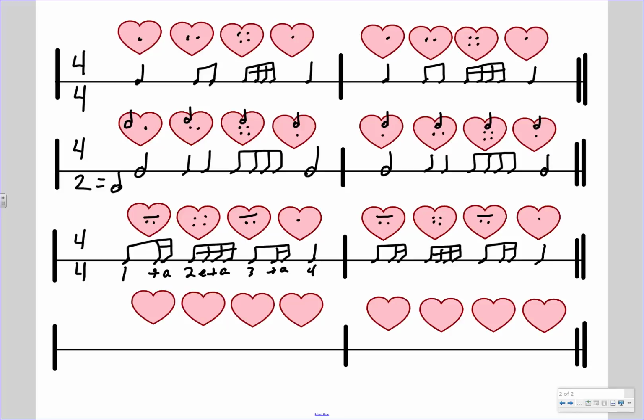So the hearts really help me to figure out the subdivision. Okay, suppose I want to transfer that to 4/2. The same exact rhythm. Let's try doing that. So you're going to hear the same exact rhythm, only we'll have to transcribe it in a different meter. Here's the rhythm.